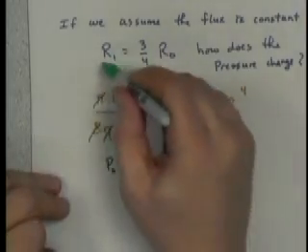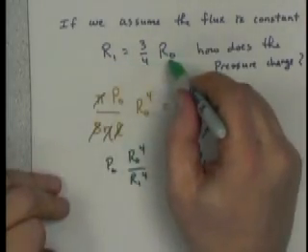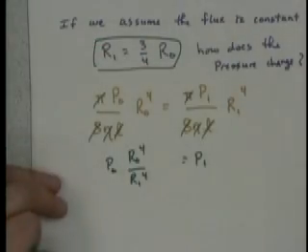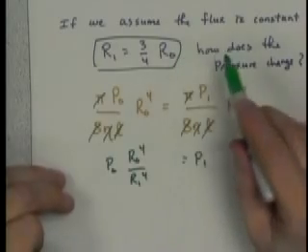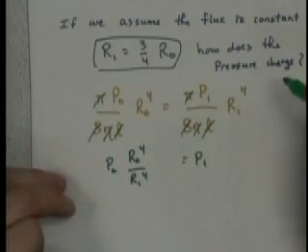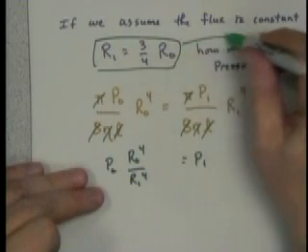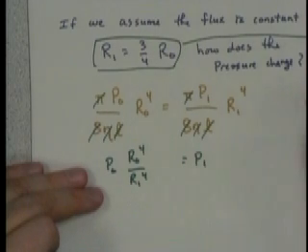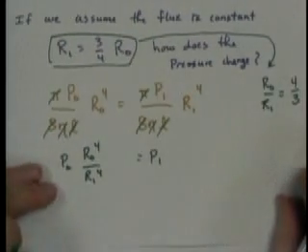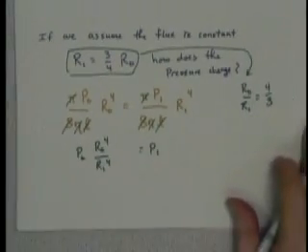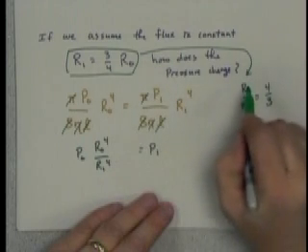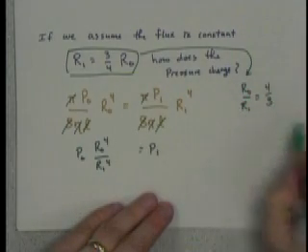So based on this up here, the radius of my artery has gotten smaller as I've eaten all that great food. From here, I get that R naught over R1 is 4/3. Just taking that, if R1 is 3/4 R naught, then R naught over R1 is 4/3.